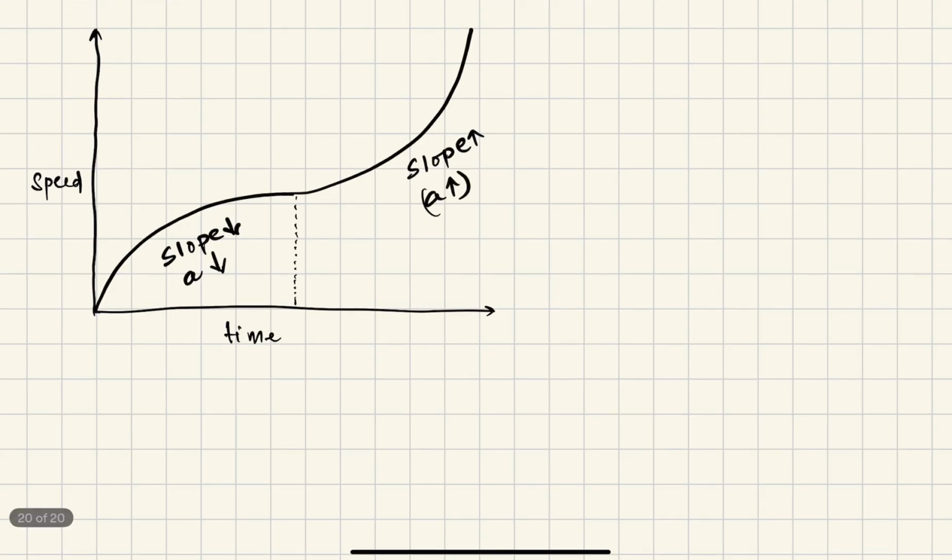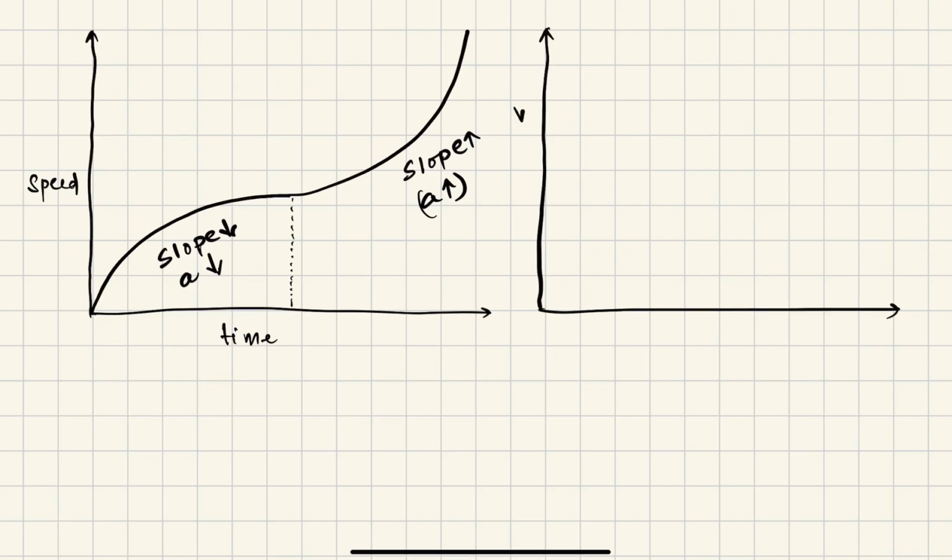Now if I ask you to convert this into, yes, you got me right, a velocity-time graph. Can we do that? Definitely we can, right? So first of all, here acceleration decreases. That means the first part is the same, like this. And then we really don't know what exactly happened over here. Why?